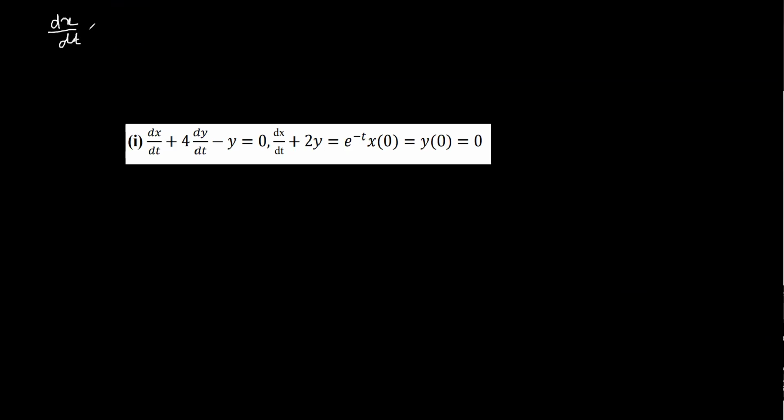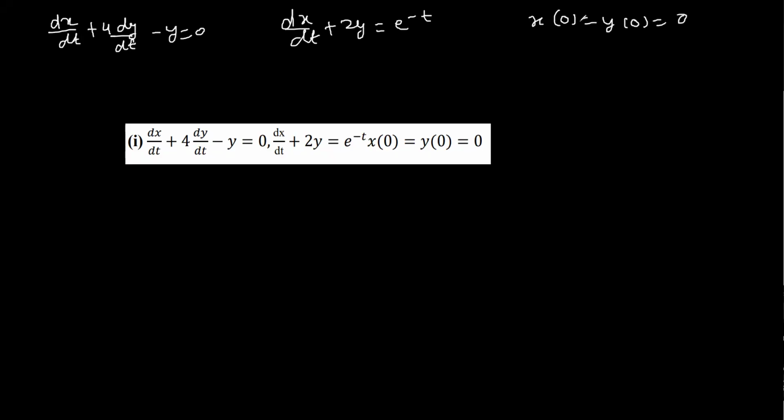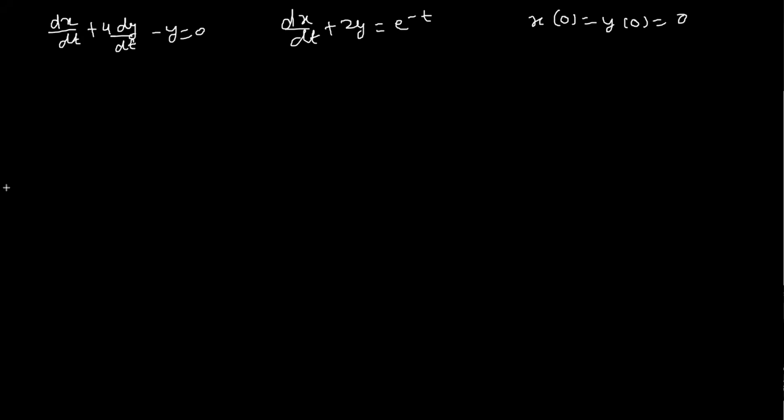In 17, dx by dt, dy by dt. See, there are two variables, right? Dx and dy. And it is very easy to solve. Right? This is the condition. X0 and y0 are the same. You know, whenever two simultaneous equations are given, what do you do?